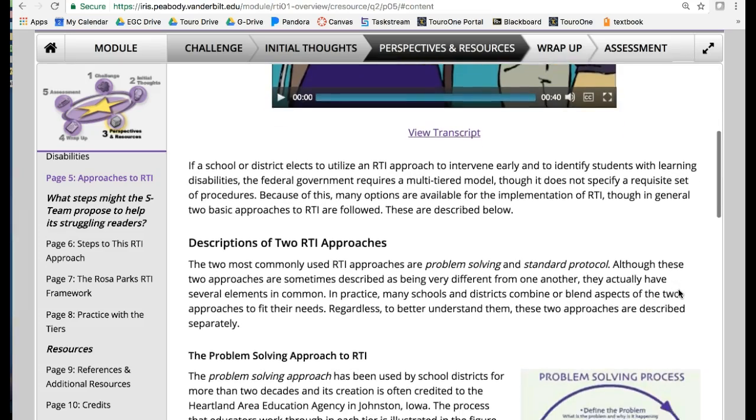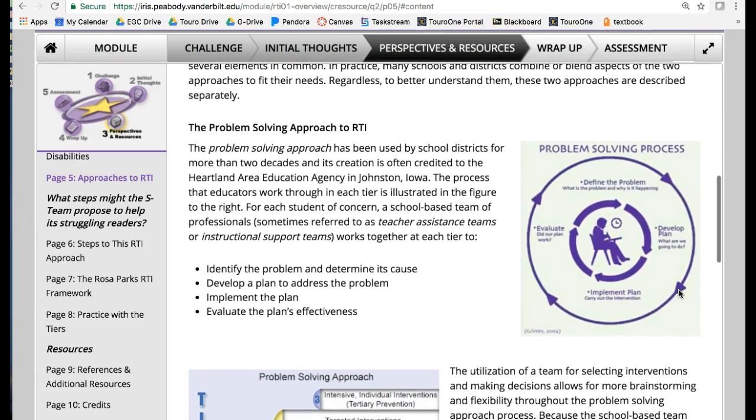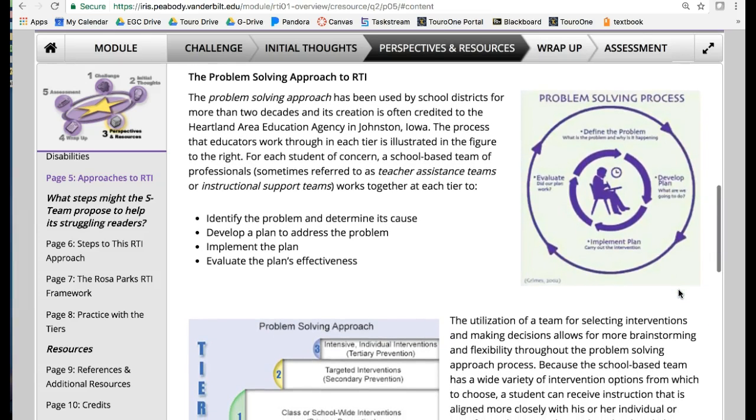So here we go. We've got the two approaches that we're going to go through now. So here is the problem-solving approach to RTI, and this one is where the educators walk through in each tier illustrated by the figure. And for each student of concern, a school-based team of professionals, sometimes called a student support team or teacher assistant team, works together.